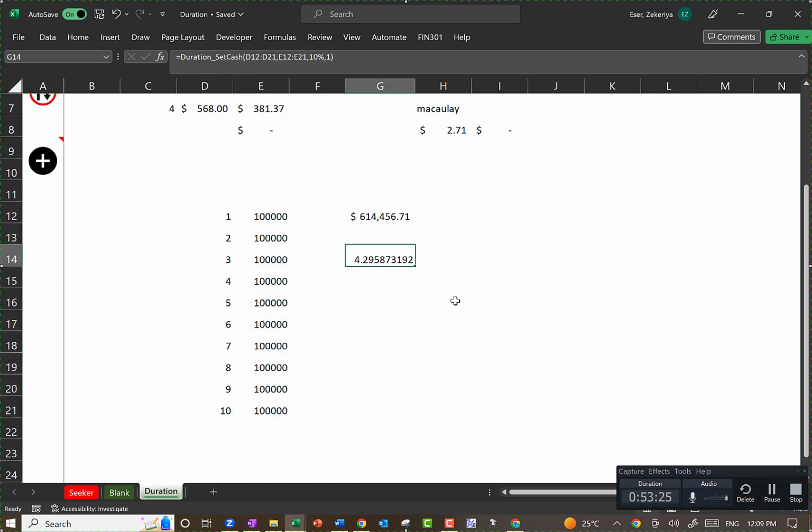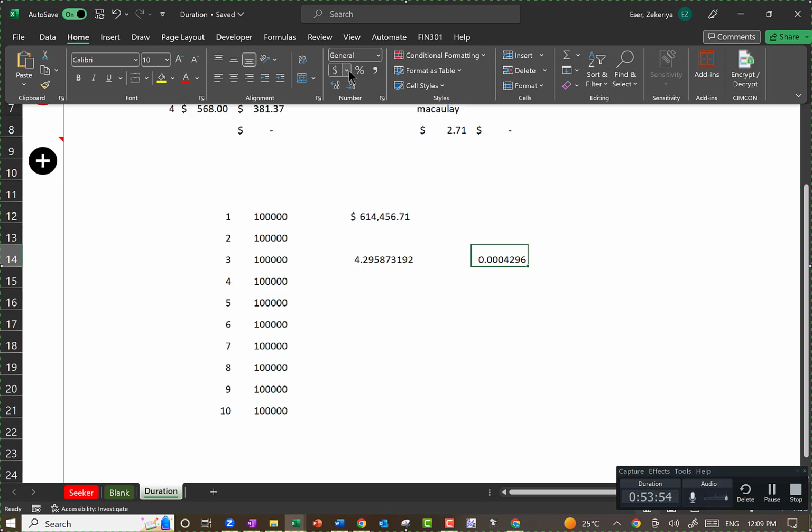If, as a bank, I placed a mortgage, I can calculate the effect of interest rates on the value of that mortgage. In this case, each 1 basis point move, which is 0.01%, is going to decrease the value of that by 0.04%, or each 1%.